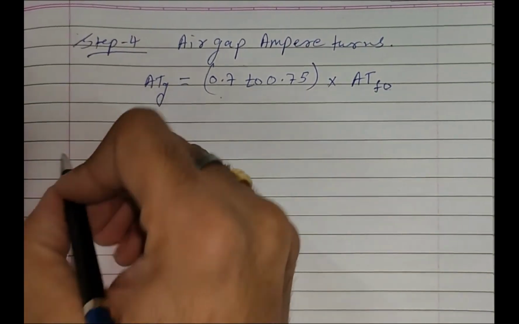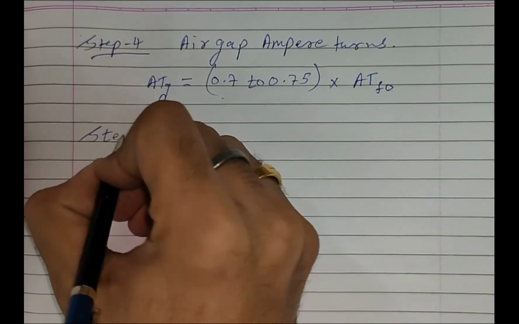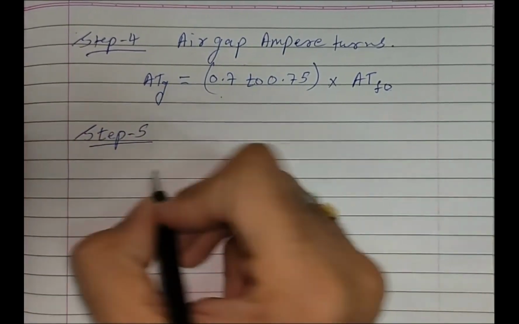There is another equation to calculate the air gap ampere turns. So we'll take it as step number 5.